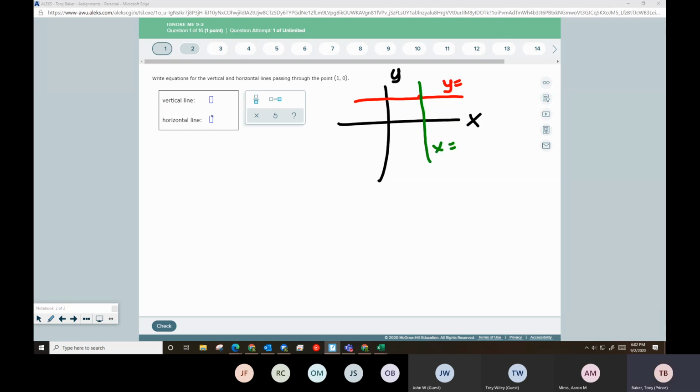So it actually is the opposite of what you would normally think in this problem. So in this one, the vertical line is x equals 0. And the horizontal line is y equals 1.